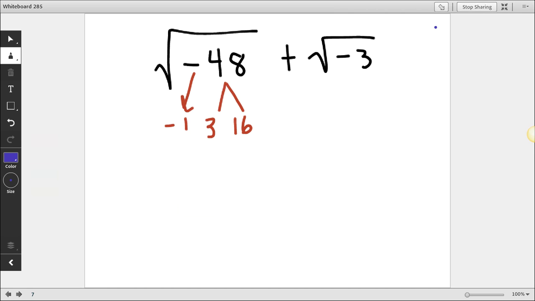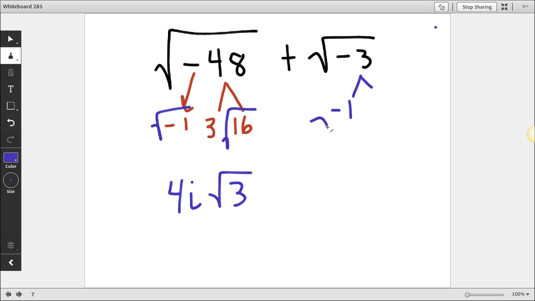So I'm going to take the square root of the things I can take the square root of. The square root of 16 is 4. The square root of -1 is i. So that gives me 4i. The square root of 3 is left in the radical. What about this one? The only thing that factors here is the -1.